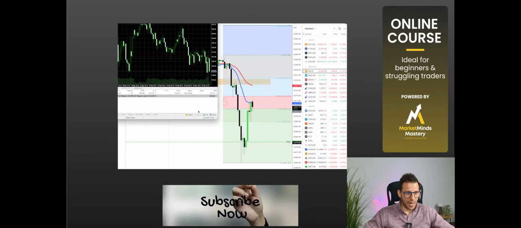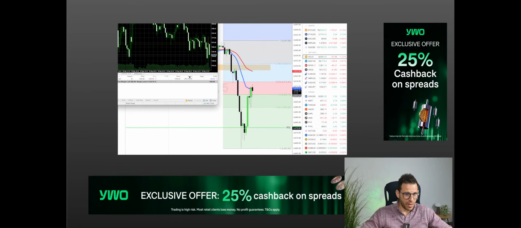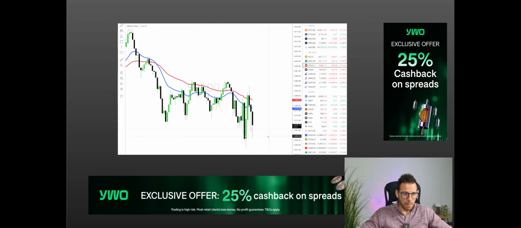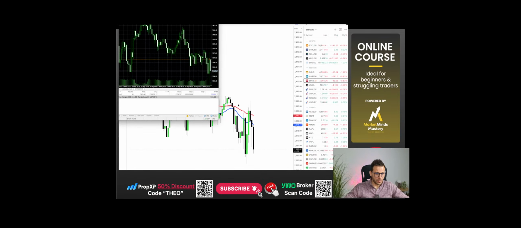Sellers are pushing aggressively. Right now, I'm going to move my stop loss to break even, so I don't lose anything on this trade if the price goes against me. This is the 5-minute chart. I'm going to close half of the trade now to get some profits. I want to pay myself even a couple of hundreds on this trade.